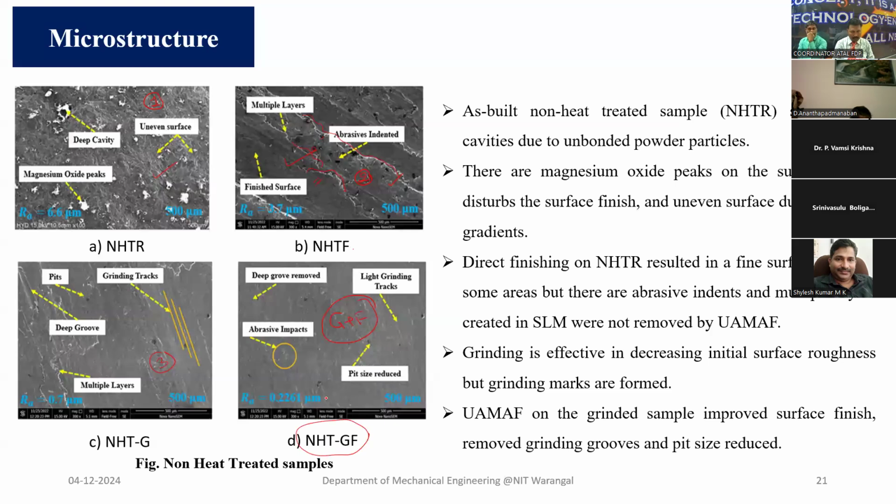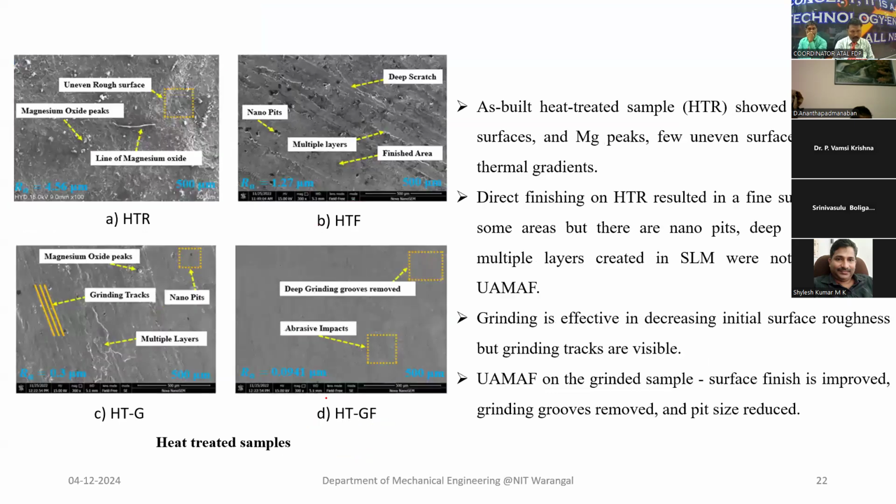Then the same thing was repeated on the heat treated sample. This is the heat treated sample as it is from the 3D printing process, and then this is the heat treated and finished sample by UAMF process, and this is the heat treated and ground sample, and this is heat treated, ground and finished by UAMF process. If you see, this has an even better surface than the previous sample.